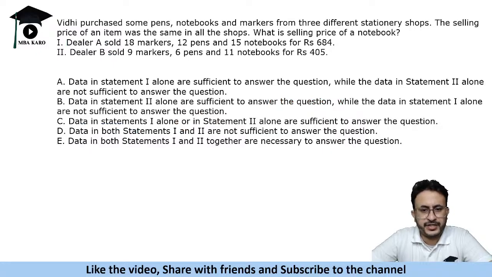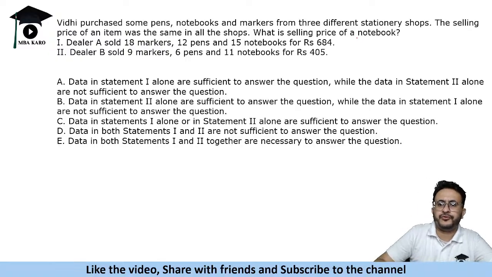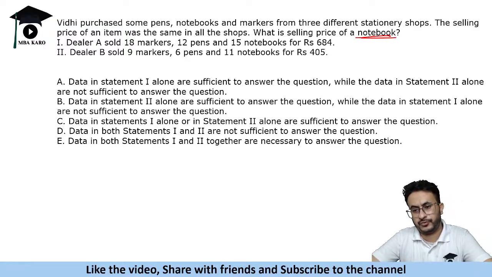So let's move on to the next question. It says Vidhi purchased some pens, notebooks and markers from 3 different stationery shops. The selling price of an item was the same in all the shops. What is the selling price of a notebook? So we have to find the price of a notebook.